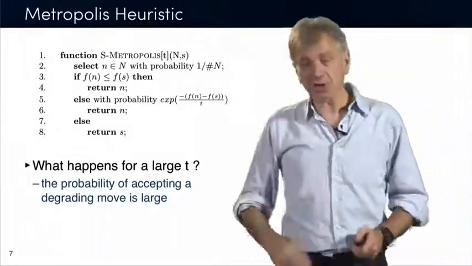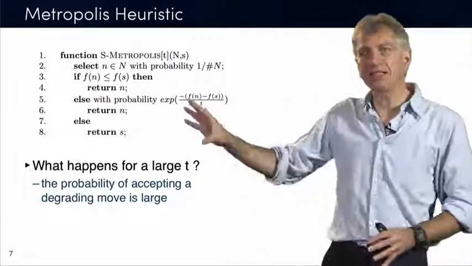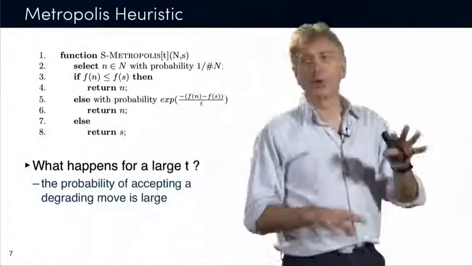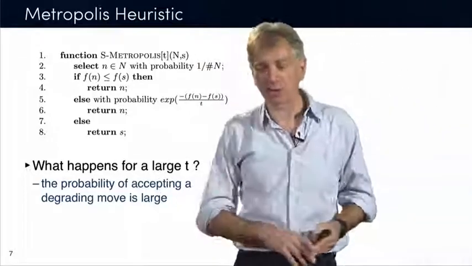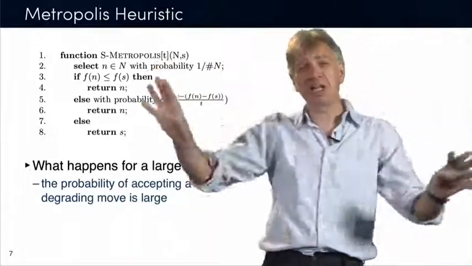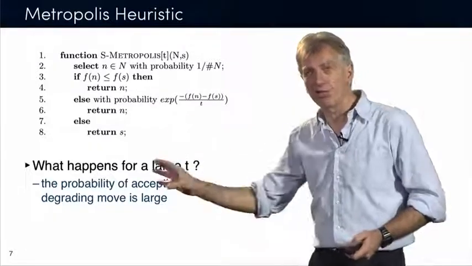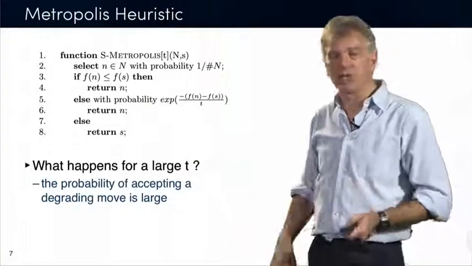So if you have a large temperature, you're going to accept many, many moves, which basically means that you are performing a random walk. You are walking, looking around, asking is this good or not. But you accept moves that can be really bad, degrading your function tremendously. So if you have a very large T, you are going to have really a random walk.